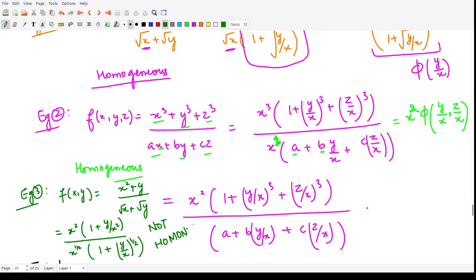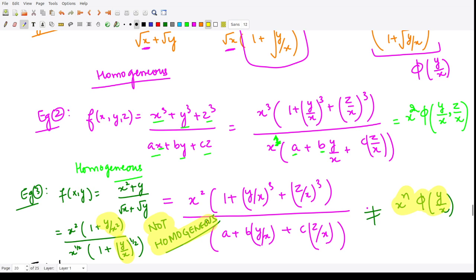Because this cannot be written as x raised to power n times a function of y upon x, because here you have the term y by x square and here you have y by x, so they are different. So this is not a homogeneous function.